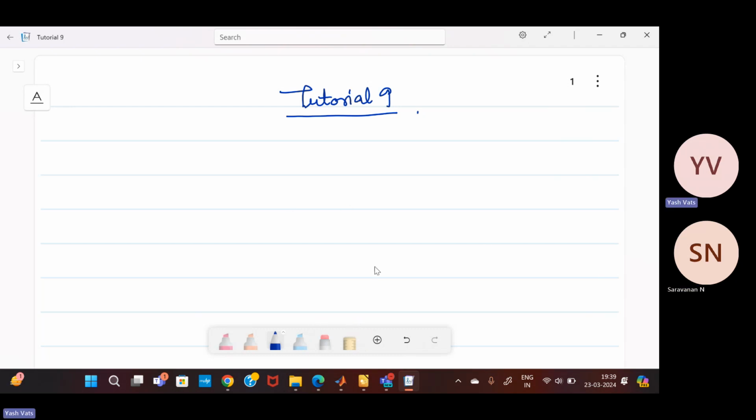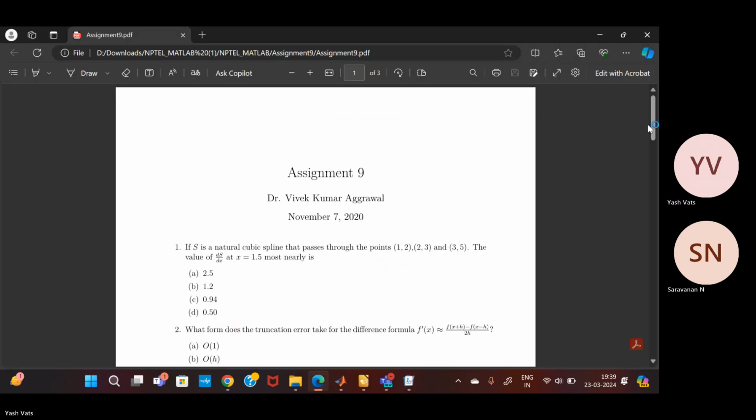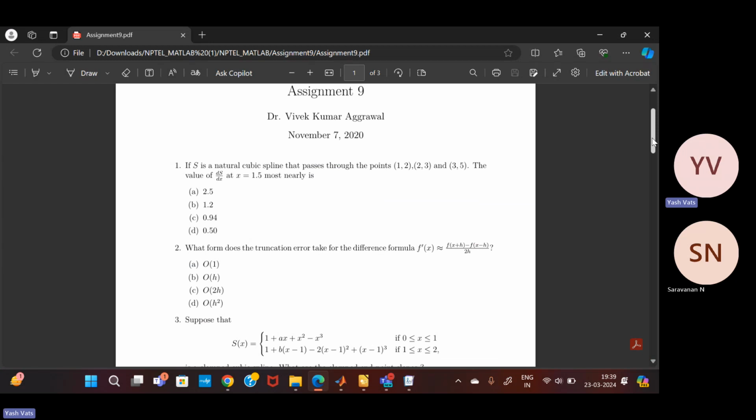Sure. So if you have any queries, is it going with the class, or the next lectures? Currently, this week's assignment, the least square approximation, was discussed in the class.